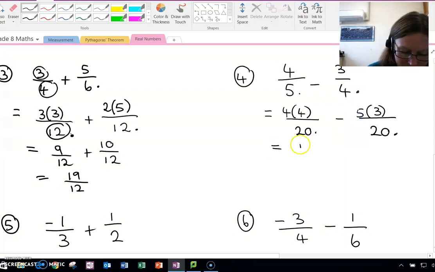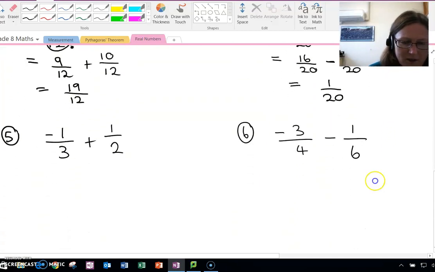We multiply those numbers out, 4 4s are 16 over 20, minus 5 3s are 15 over 20, and then now that it's a subtraction, I say 16 subtract 15 is 1, and we keep the denominator the same.